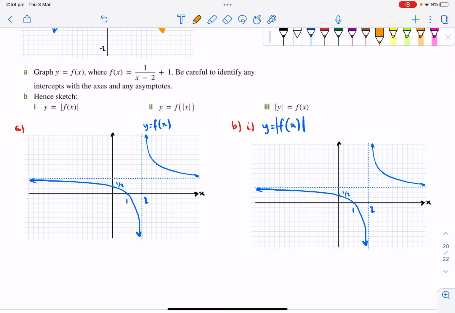Okay, so now I've got my graph here. Basically anything below the x-axis is going to become positive. So all of this section will be reflected to there. I'll keep everything else, so let's just keep the originals.